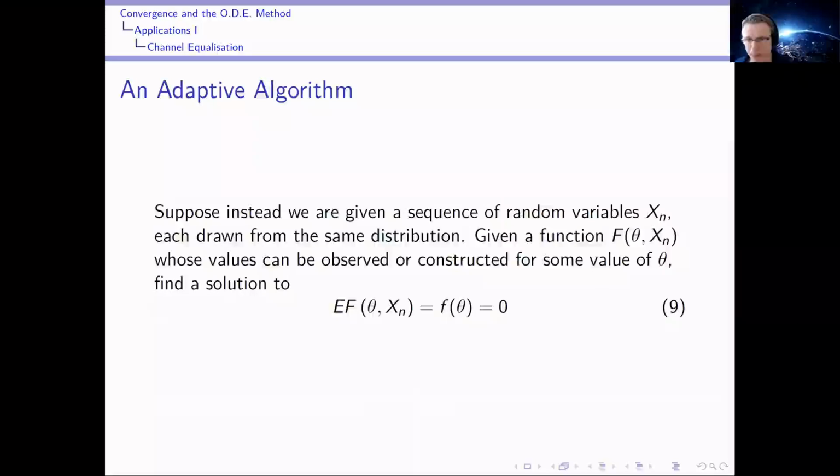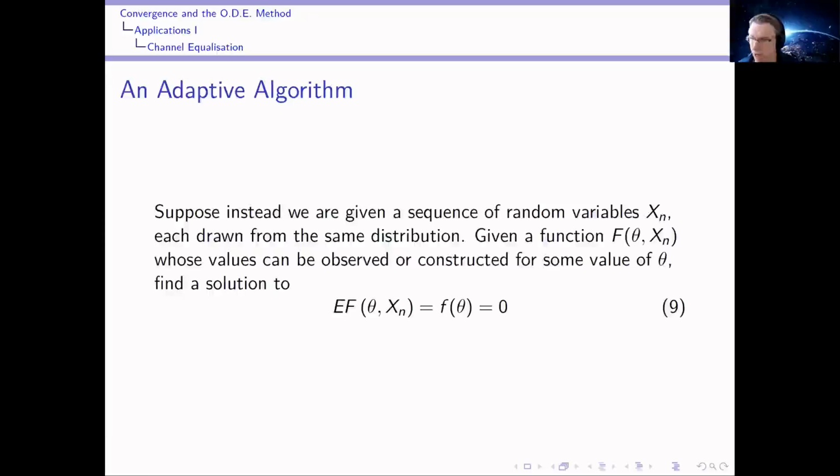Well, one way is, let's say we have a sequence of random variables, say x subscript n. And the sequence is drawn from the same distribution. Now also suppose that we're given a function f, and for some value of parameters theta, we can construct the function and evaluate the sequence.